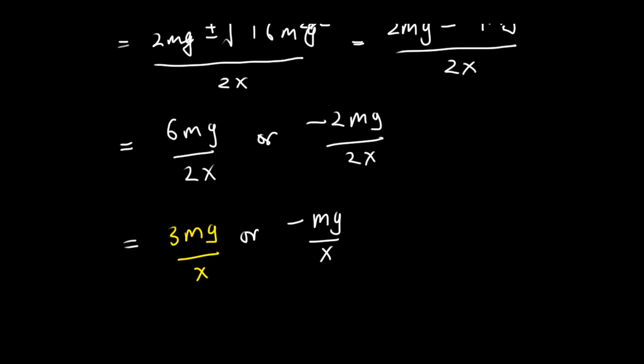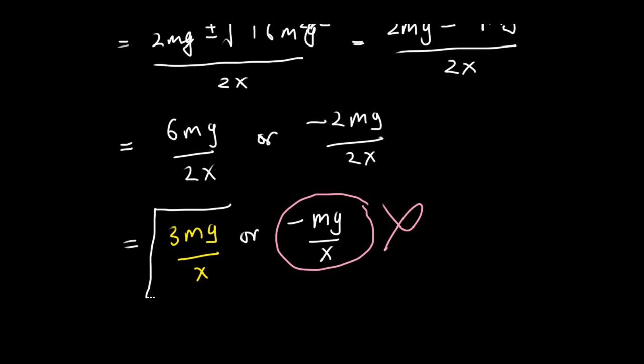And I believe that there is no way to accept this. A compression cannot be negative, guys, so we just reject it. We don't need it. So our final answer is 3mg over x. So that is our first part, and I'll do the second part in the next video.